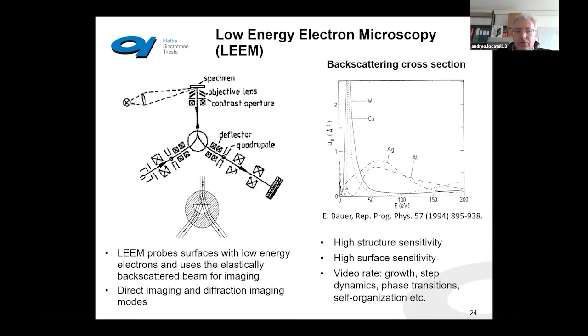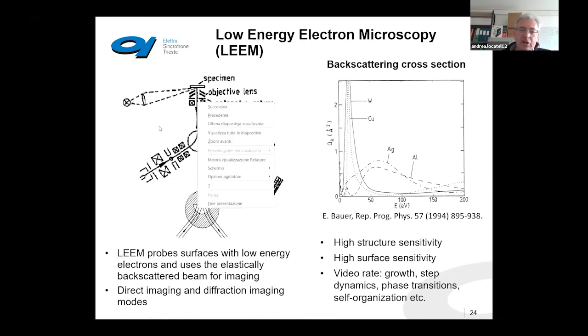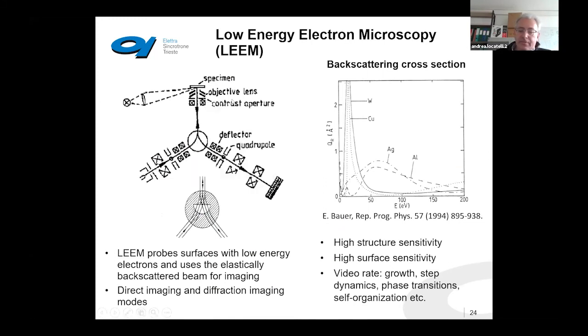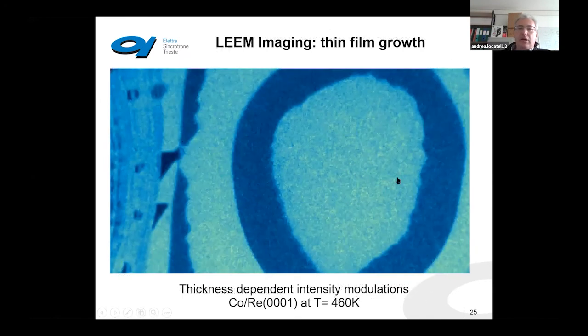I just want to illustrate the principle of low energy electron microscopy. Basically, you have a beam of electrons, which is collimated and directed toward the surface. Backscattered electrons are then used for imaging. And due to the very high probability of cross-section, you have really a huge signal that you can use for imaging.